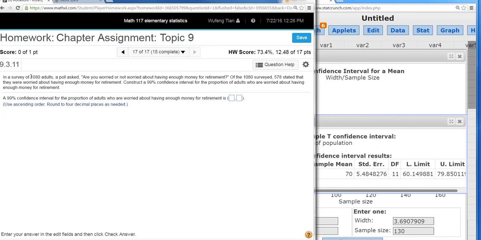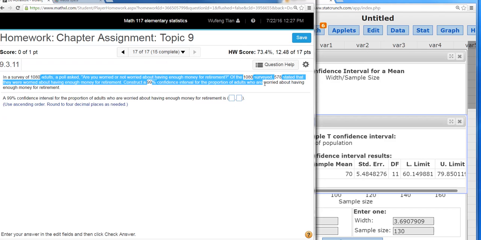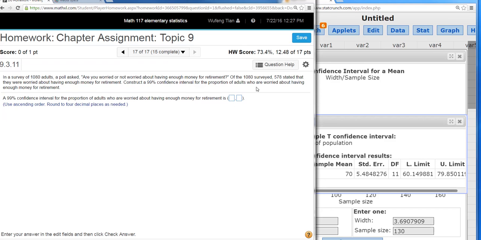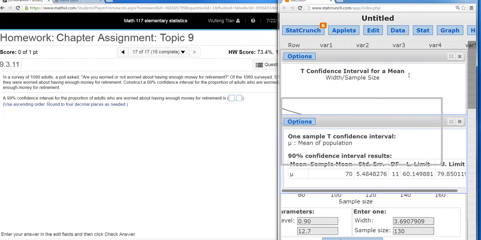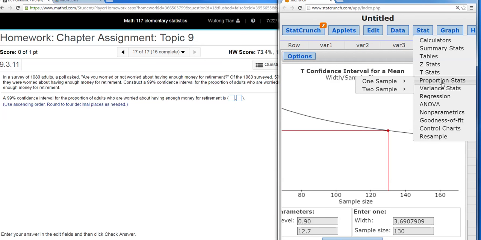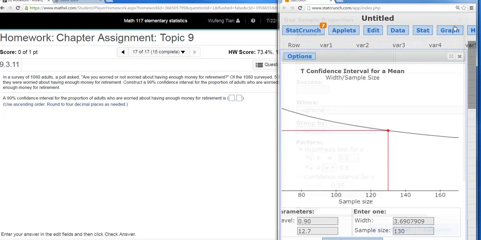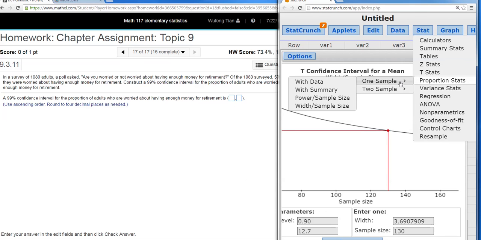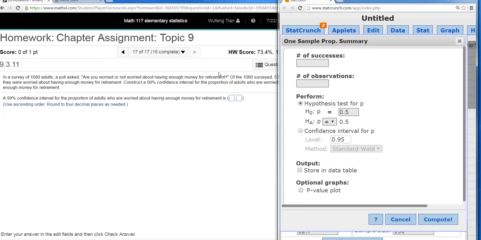This one, the survey, constructs a confidence interval for a proportion, so you're going to use stat, proportion, one sample, with data or summary. In this one, we don't have data, so with the summary. One sample proportion with the summary. Number of successes, how many? 578. Number of observations, 1080.